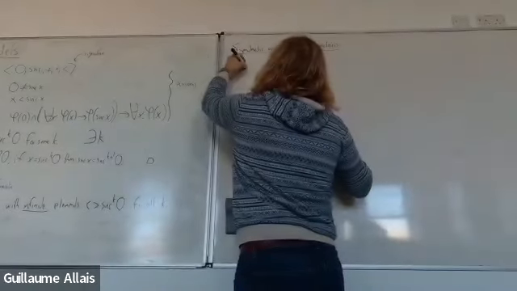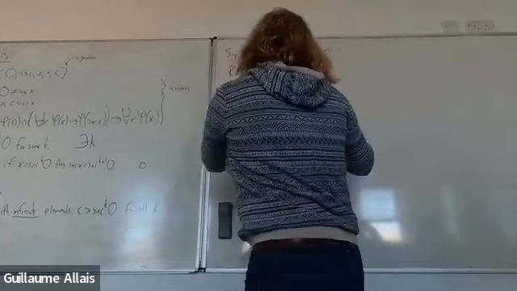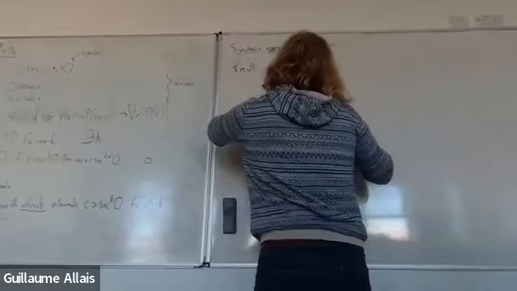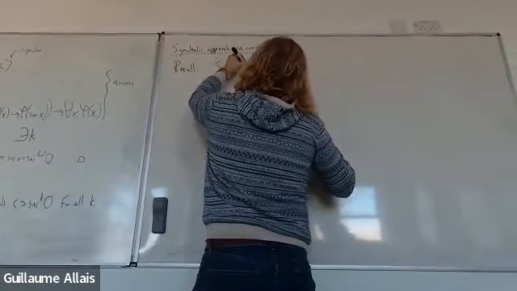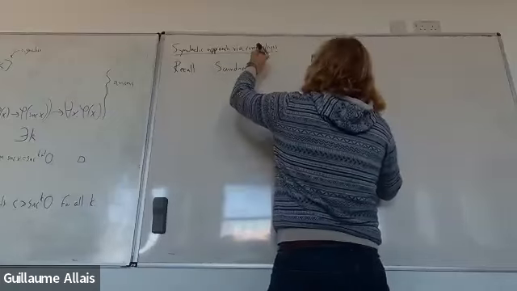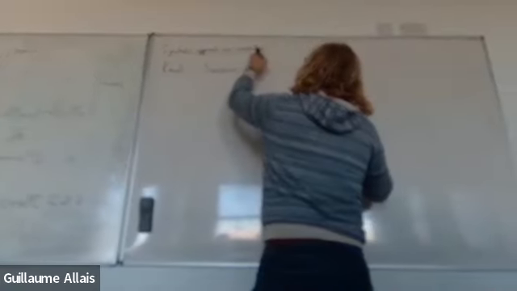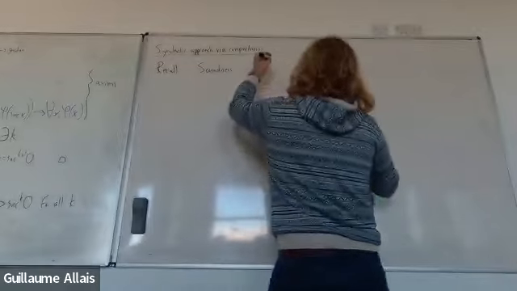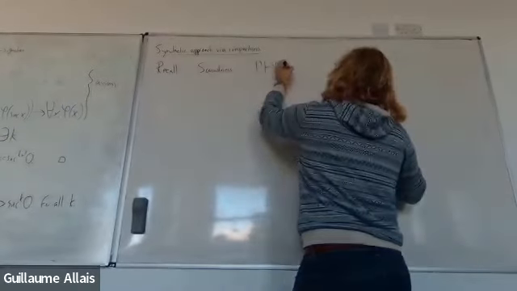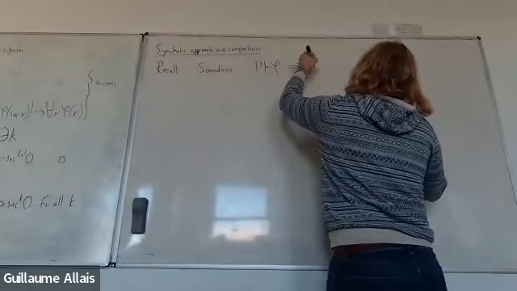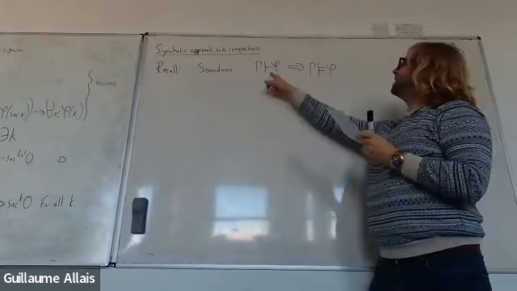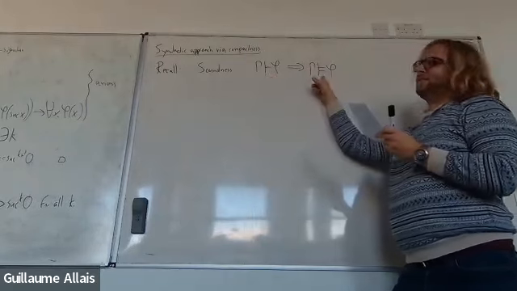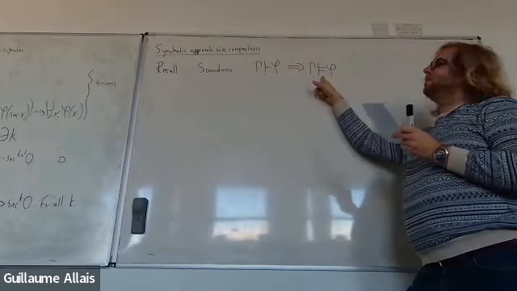Okay, so let me just recall some things very briefly. We have the soundness theorem, or the soundness property. Soundness says that if something is provable, then it is true in every model.